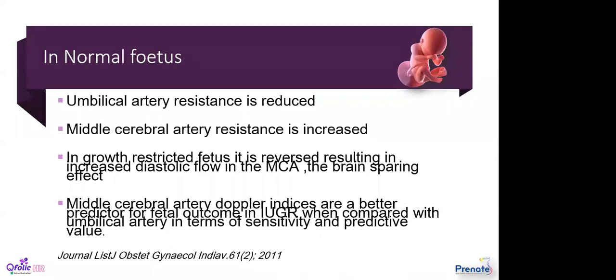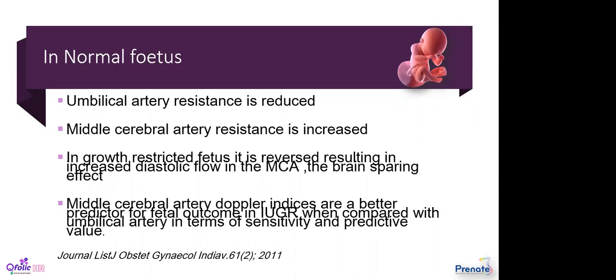Now, what happens in a normal fetus? In a normal fetus, the umbilical artery resistance is usually reduced in the last trimester. Initially, there is trophoblastic invasion, which results in low resistance vessel formation, and it remains throughout pregnancy. In the last trimester, the resistance is reduced further.